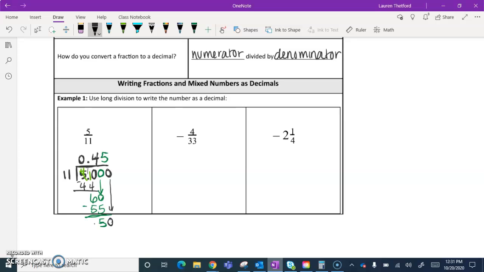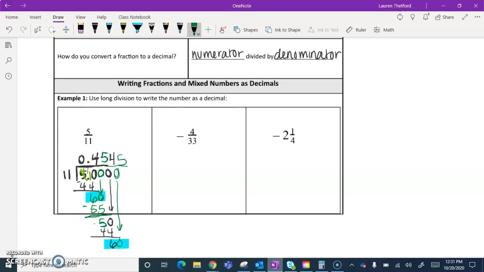11 goes into 50 4 times, and now we see a pattern starting. 4 times 11 is 44. 50 minus 44 is 6. We've already seen this. This is happening here again. And so then we would have to add a 0, bring it down, right? And so that would be a 5.